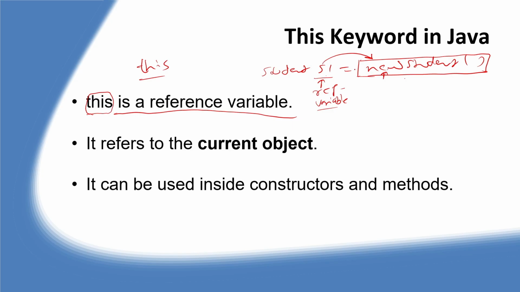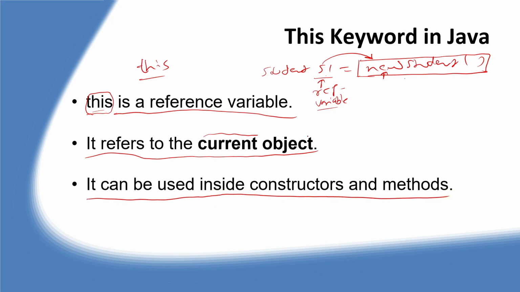So we are reading about the this keyword in Java. It is a keyword and a reference variable, which means it will refer to some object, the current object. It can be used inside constructors and methods both.